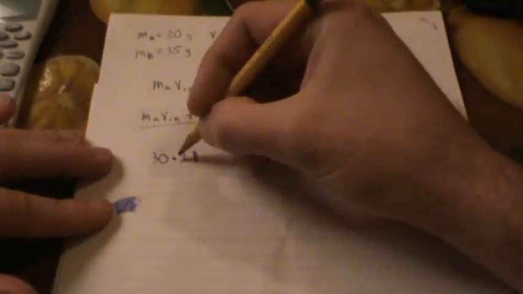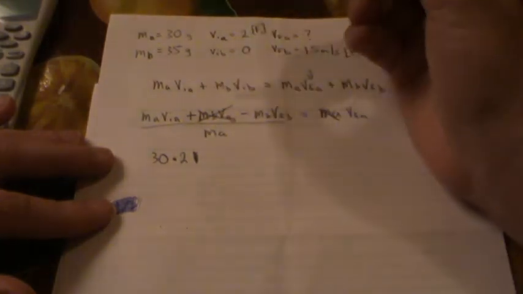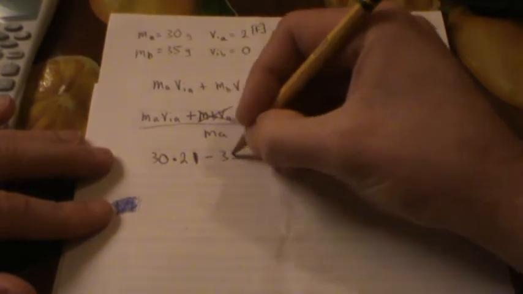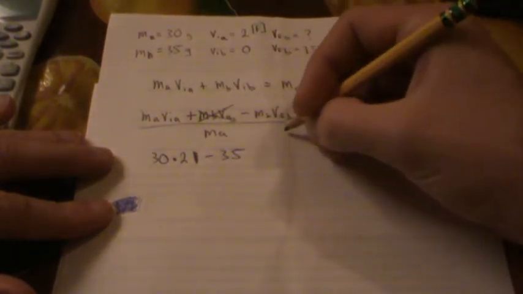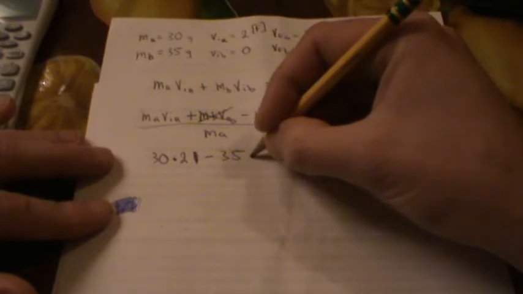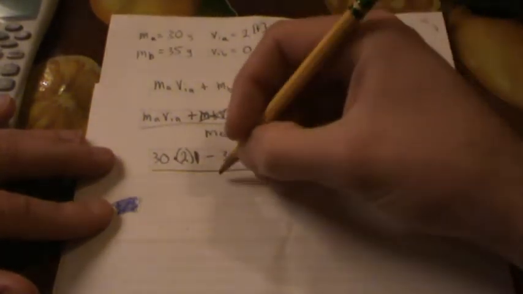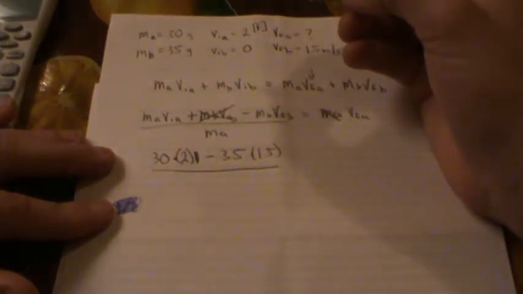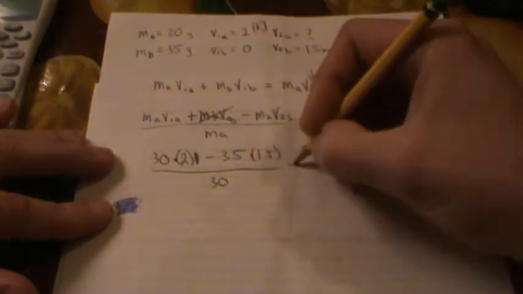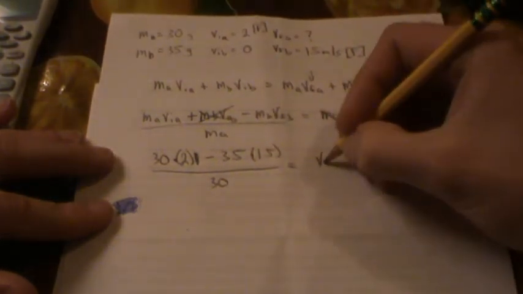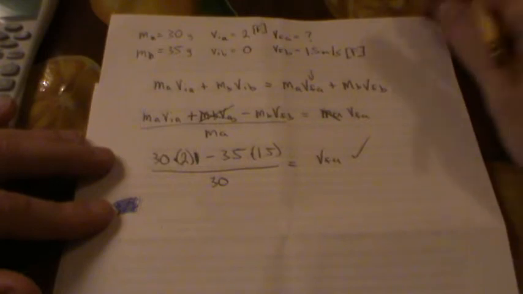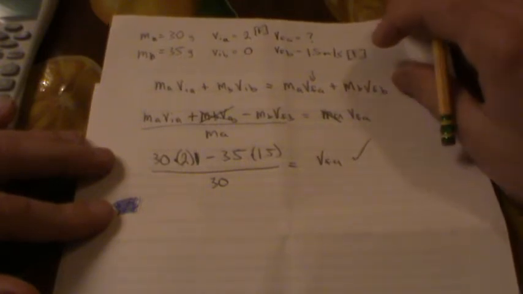And so it's really just 30 times 2 minus 35 times 1.5 divided by 30. Okay. There's that one.